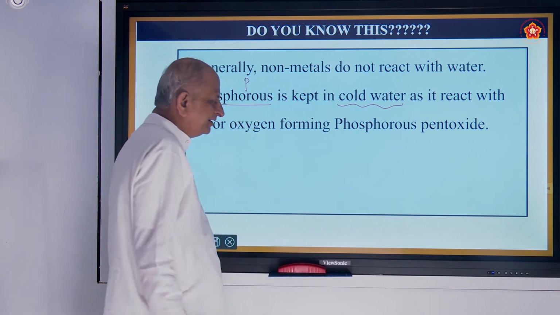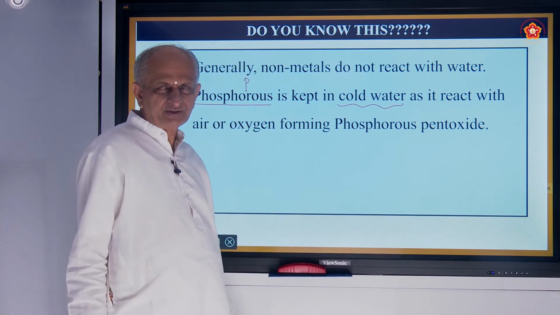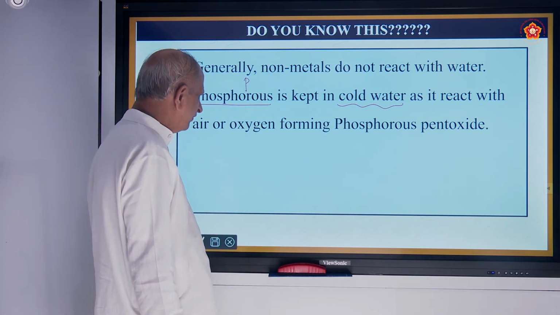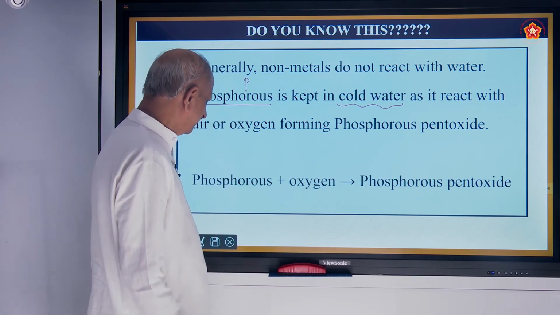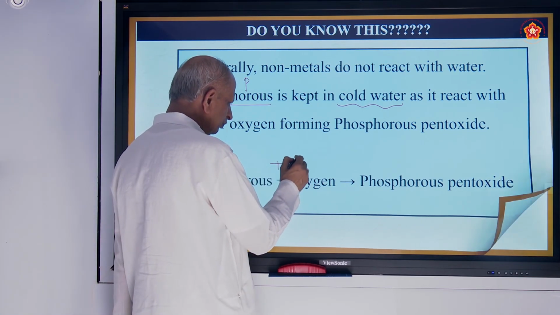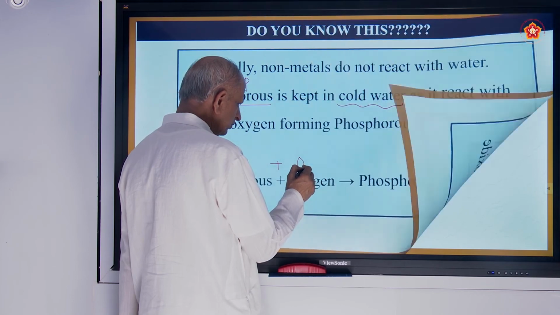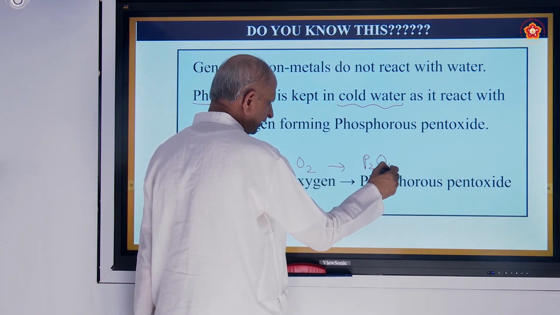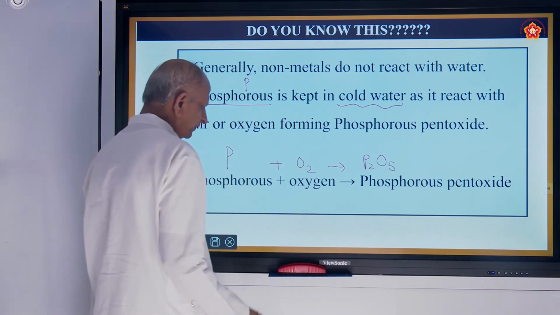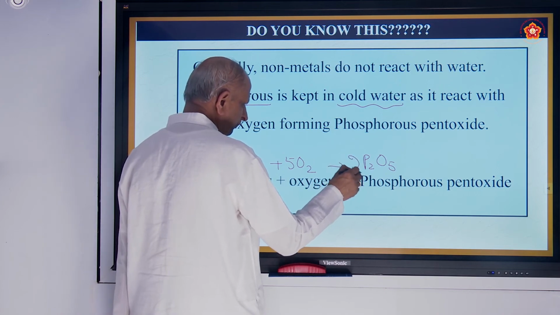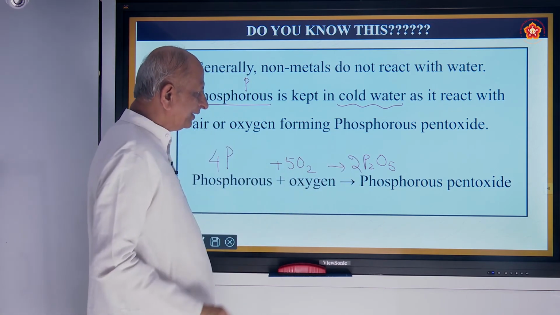Why? If it is kept exposed, it catches fire of its own accord, forming phosphorus pentoxide. Phosphorus is P, oxygen is O2, gives phosphorus pentoxide, P2O5. If you balance it, you have 4P plus 5O2 gives 2P2O5. So what kind of oxide is it?